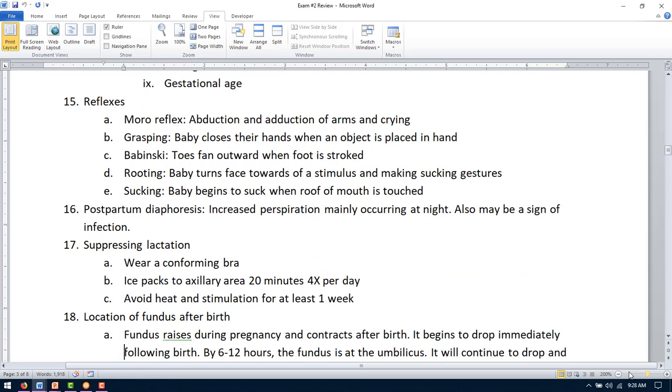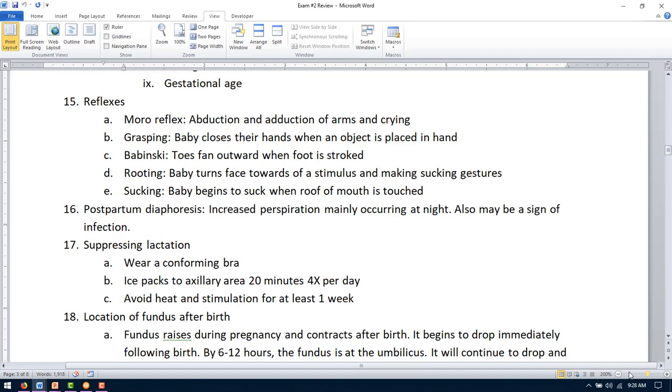Postpartum diaphoresis, review that. Mainly it happens at night. If they are running a temperature or having any other signs of infection, it can be a cause of infection, but it also may be a normal finding if there's no fever, no infection anywhere.